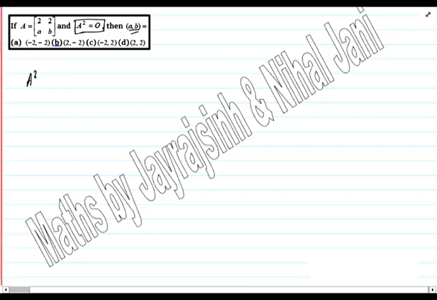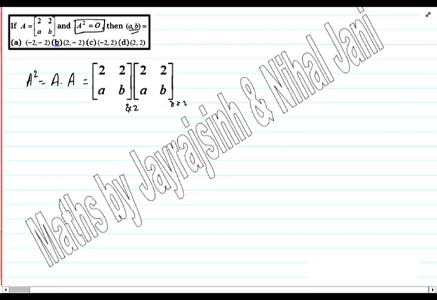So let's go for A square, which is nothing but A into A. Here we have our A and A. Both have order 2 cross 2, so the multiplication is possible, and our answer will also be 2 cross 2. That means we will have 2 rows and 2 columns, right? We know the procedure.